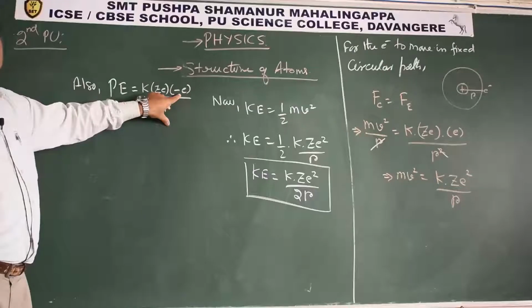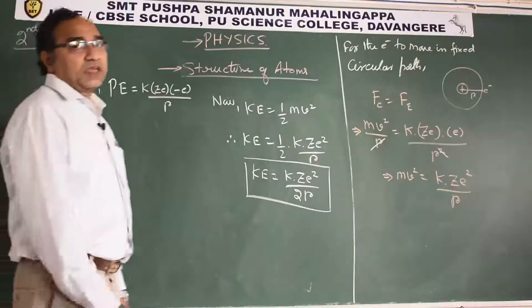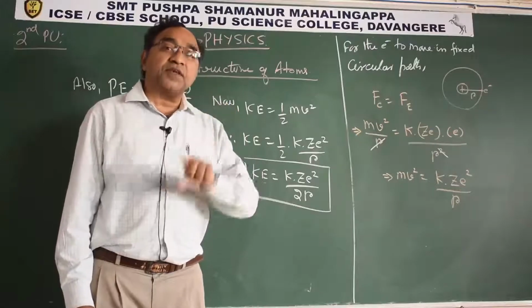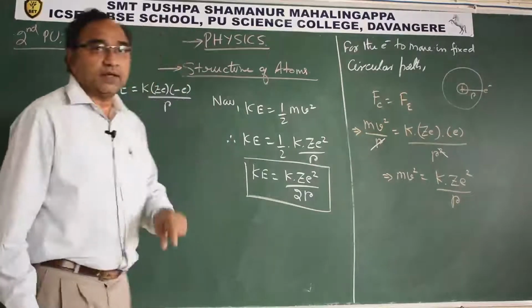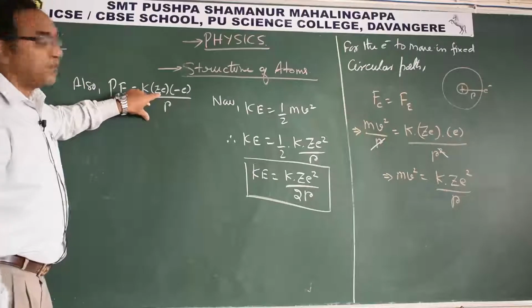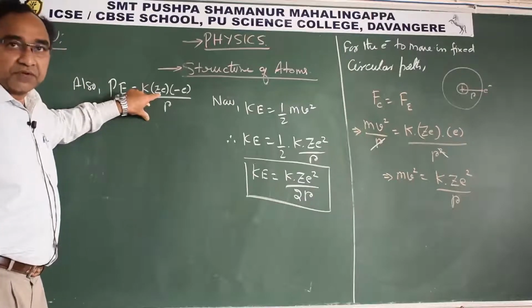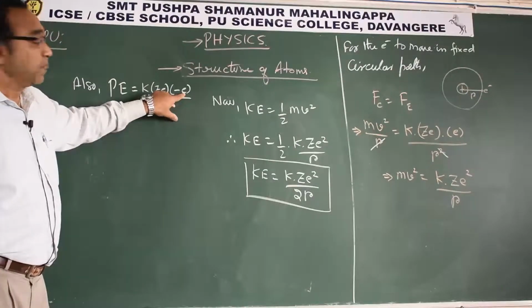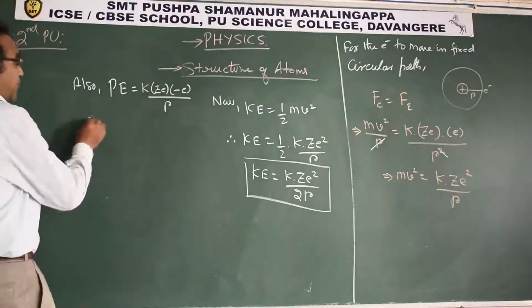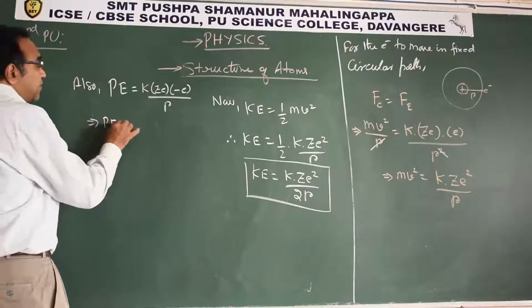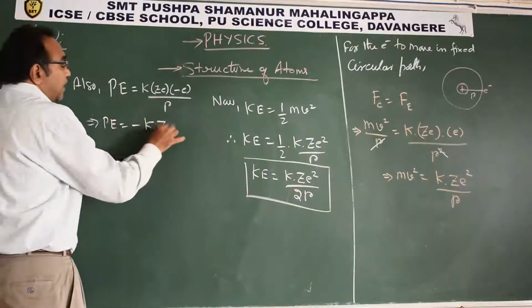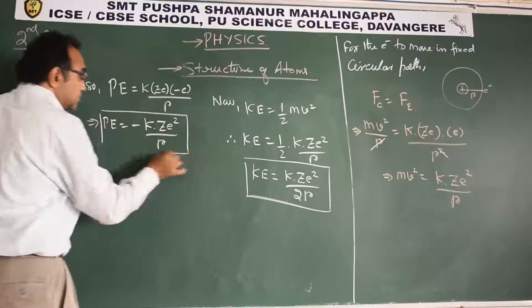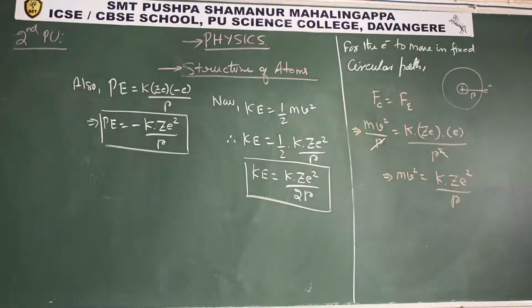Electrostatic potential energy is k q1 q2 by r, and we have to consider the sign of the charge as well. Here Z is the charge on the nucleus, hence it is positive, and this e is the charge on the electron, which is negative. So we have to consider this. So what we get? Potential energy as minus k Z square by r. This is what we get as potential energy.